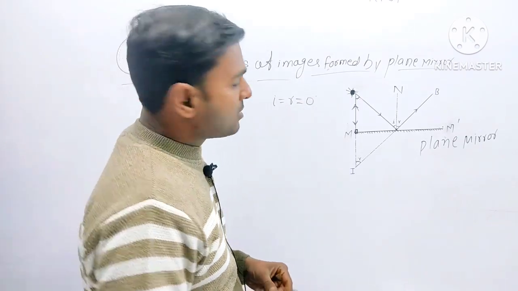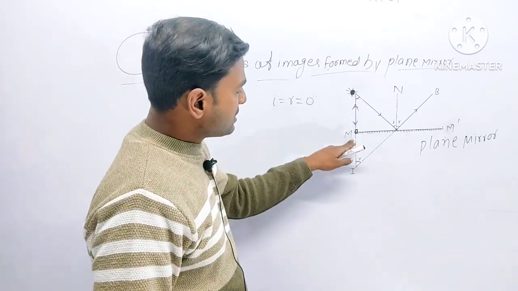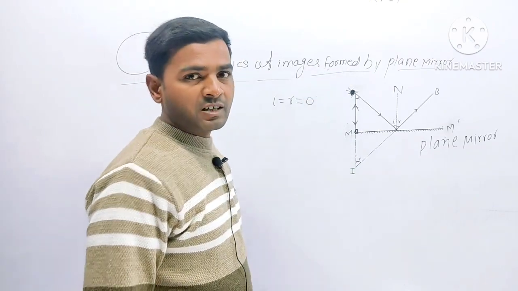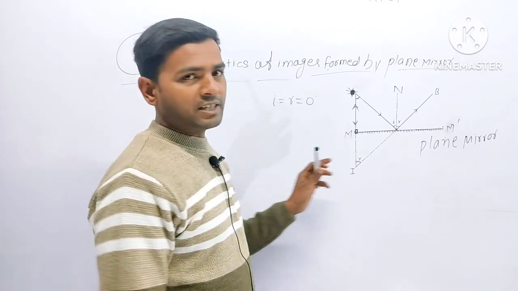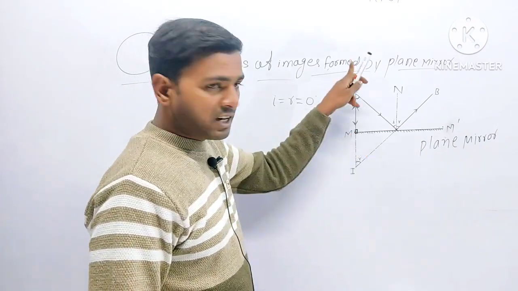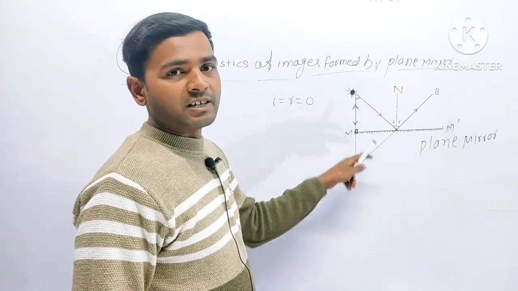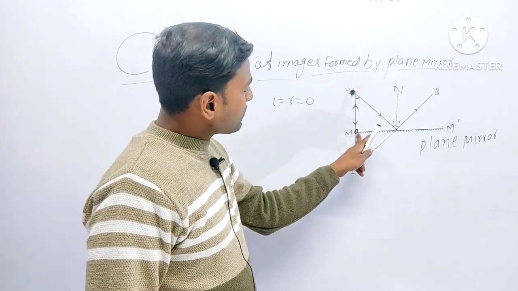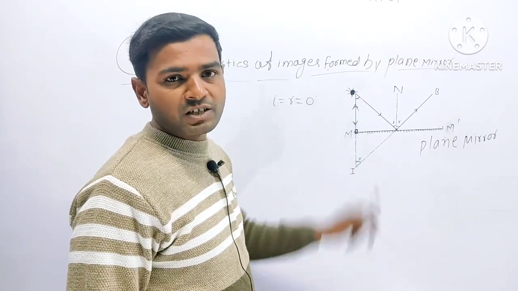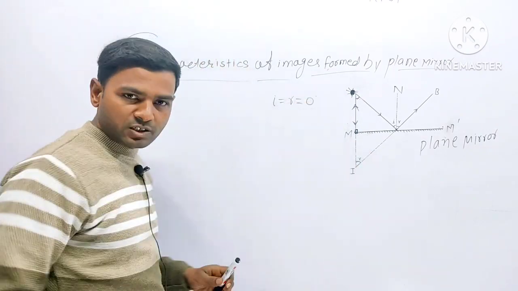Because the incoming ray and outgoing ray lie on the same path, the angle made by the incident ray with the normal and the angle made by the reflected ray with the normal at this point of incidence is equal to 0.